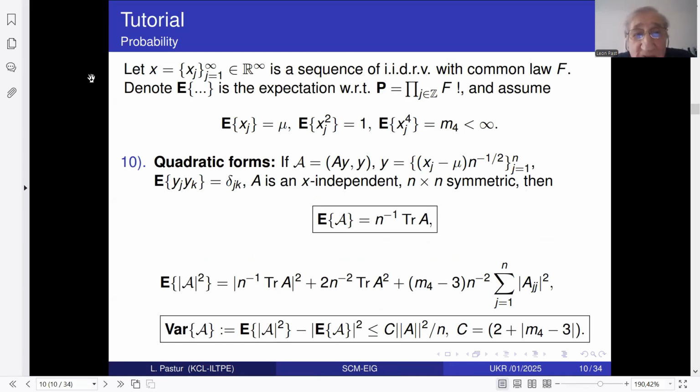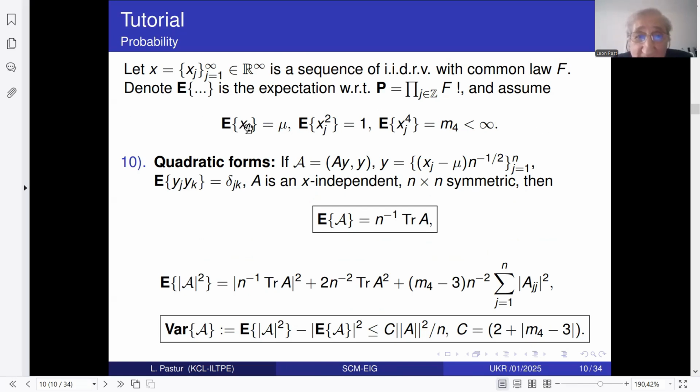I'm going to consider an infinite sequence of independent, identically distributed random variables. That means that they have the same probability law, and I denote the expectation with respect to the infinite product of measures, well defined.